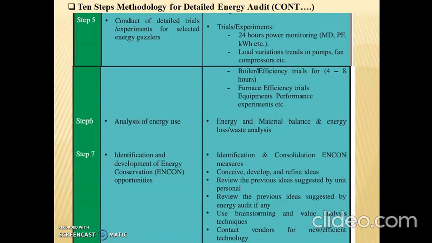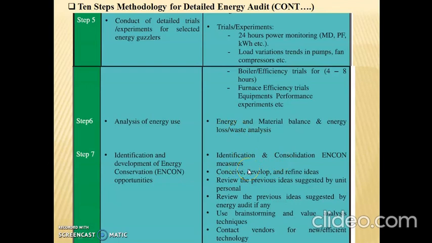Step 7 is identification and development of energy conservation opportunities. In this step, after the detailed analysis of energy use in step 6, step 7 is very easy because this is nothing but the result of the analysis done at step 6.